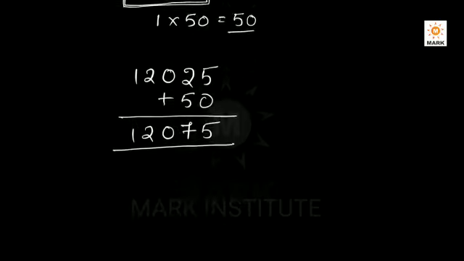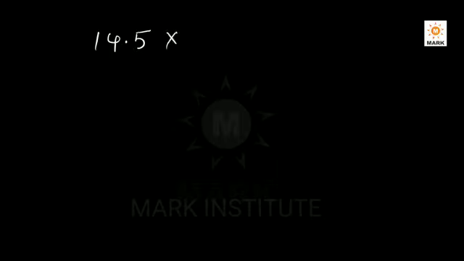Now my dear friends, coming to the actual, there is a multiplication called 14.5 into 19.5. We can handle the decimals afterwards. It is 145 into 195. 5 is anyway common.